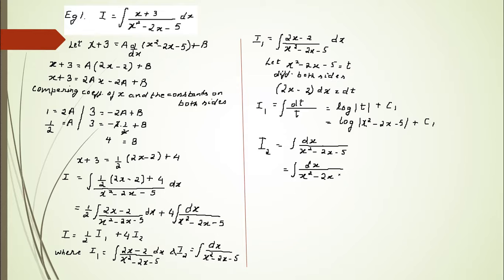Now what I told, we have to plus and minus half of the coefficient of x, that is 2, whole square, right? And you have to subtract the same, so this is 1 square minus 1 square, and the remaining minus 5 we write it here.